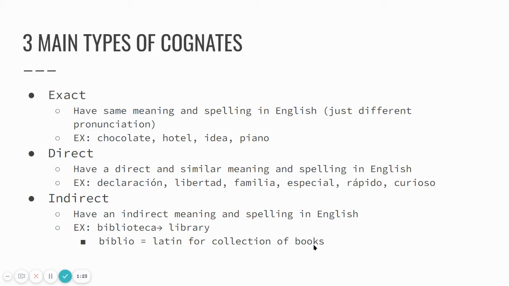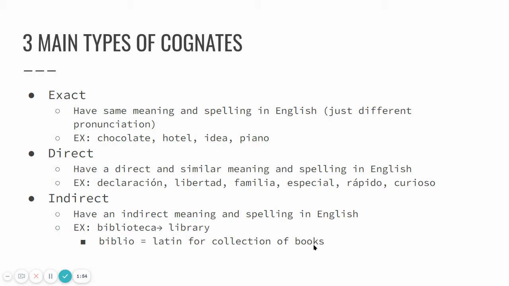We have hotel in English, and we have hotel in Spanish. Same meaning, same spelling. We have idea in English and idea in Spanish. And then we have piano in English and piano in Spanish. Those are exact cognates.